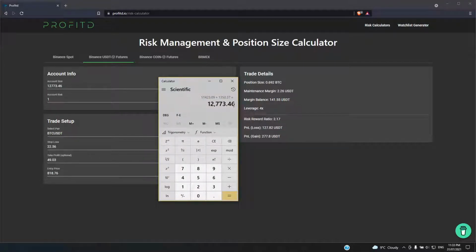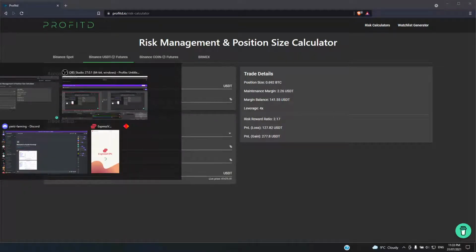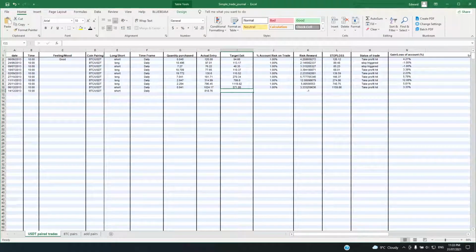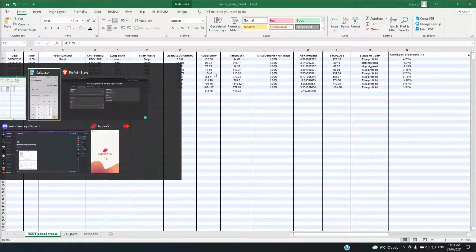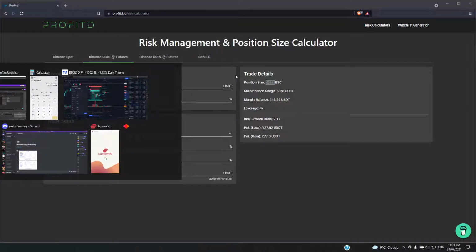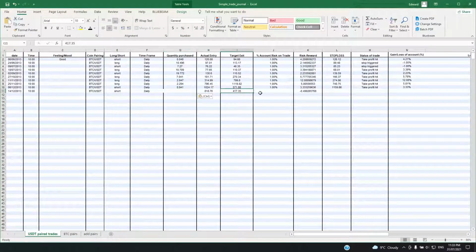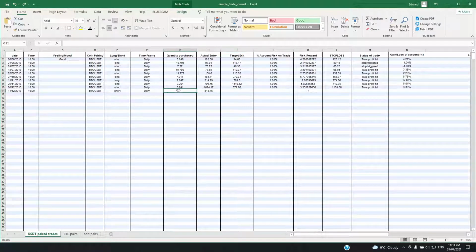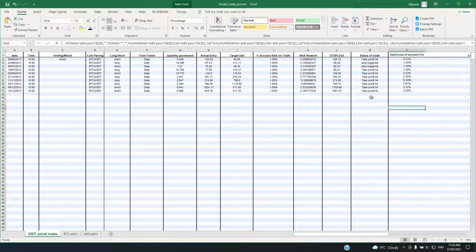Yep, so that was the previous account size. Alright, so there's 10 trades.